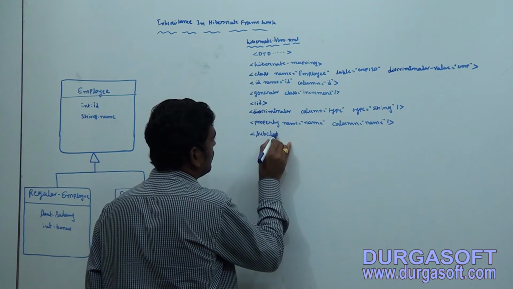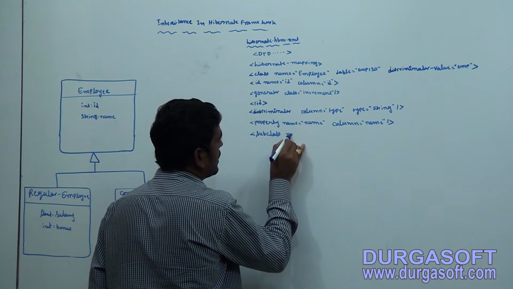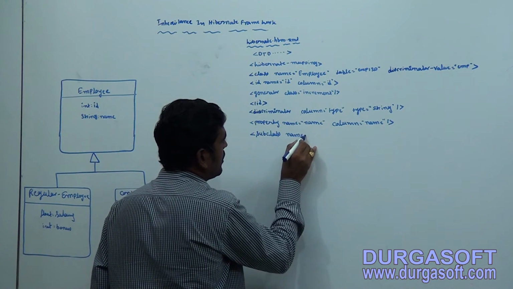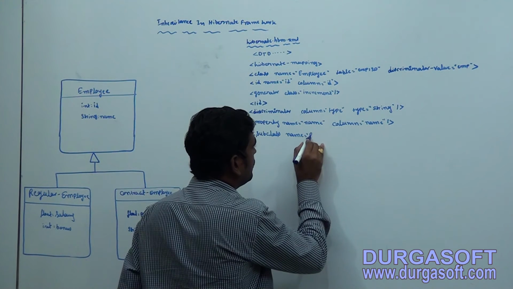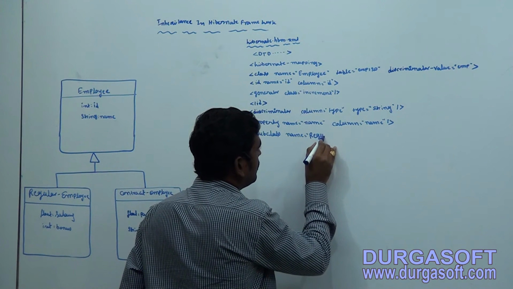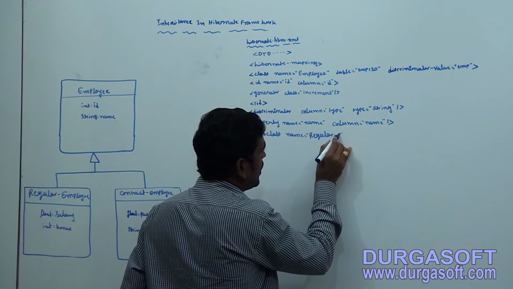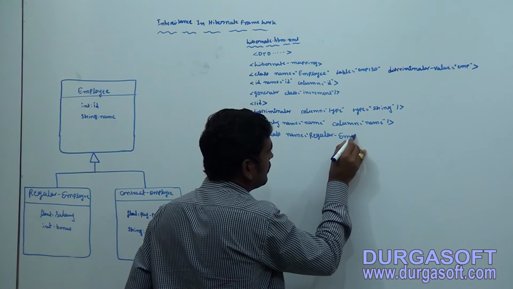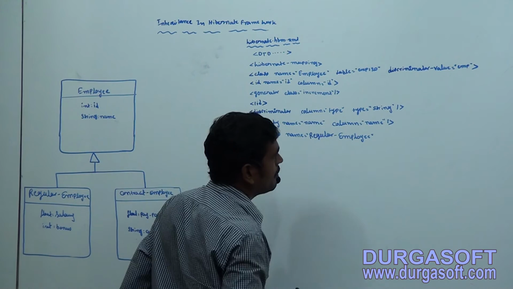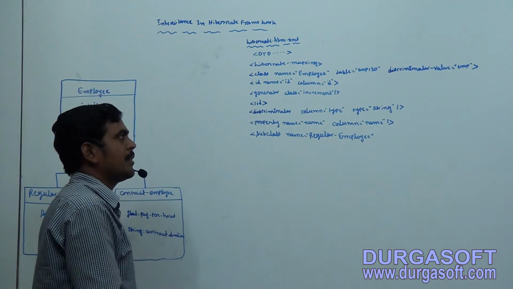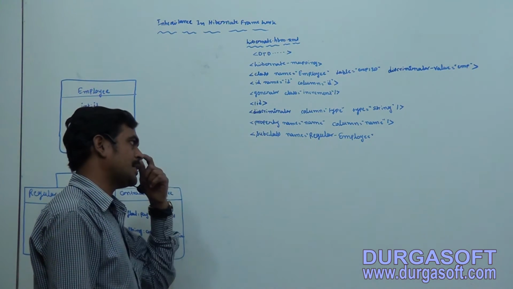Subclass name is equal to regular employee. Now table is not required here. We are following table per class hierarchy.